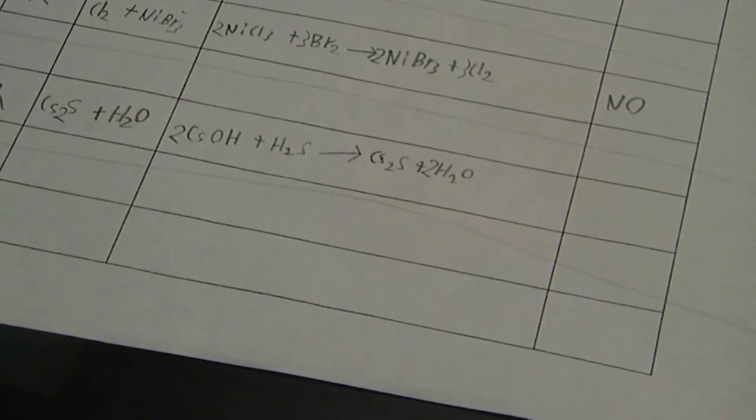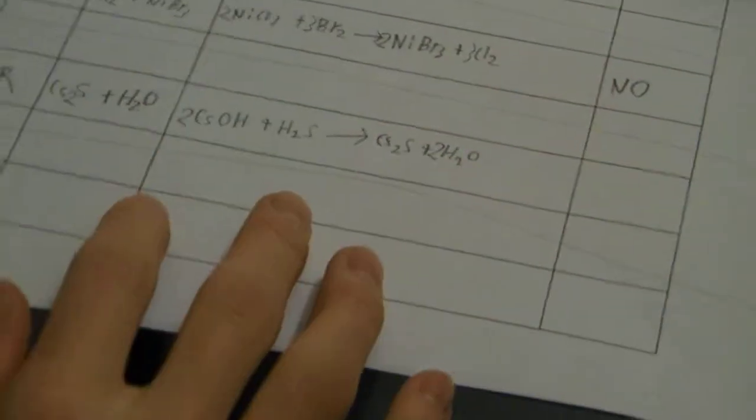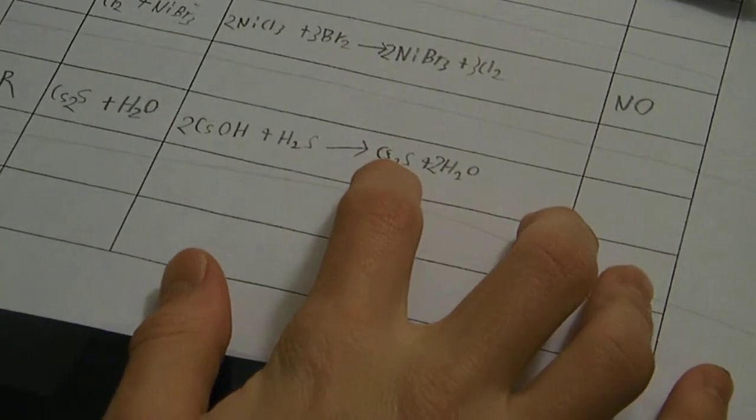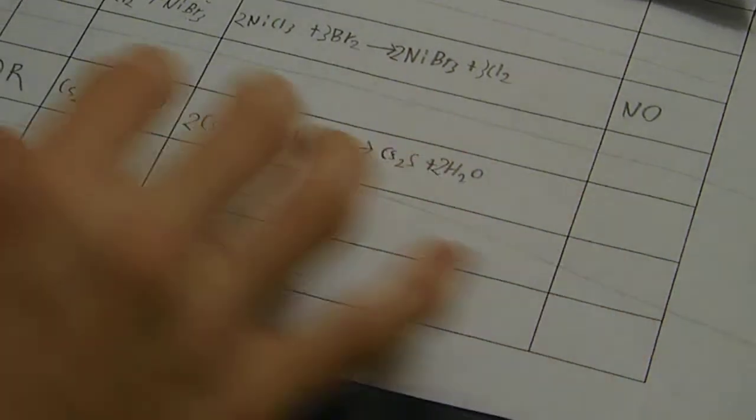Okay, so now to check if it happens, we have to check the solubility chart because it's a double replacement. So if we look here, we can check S first.